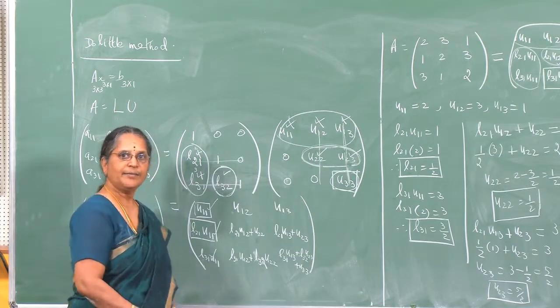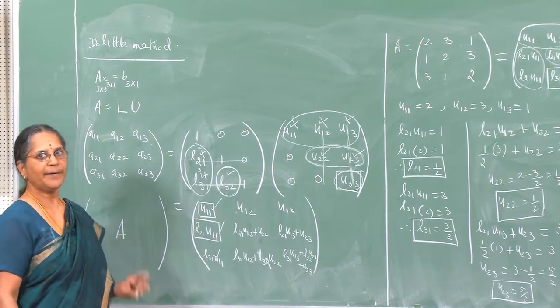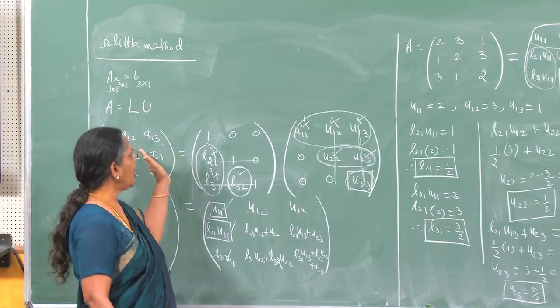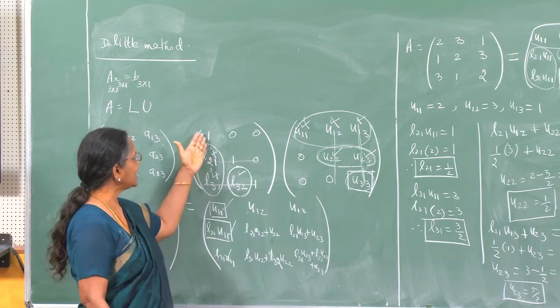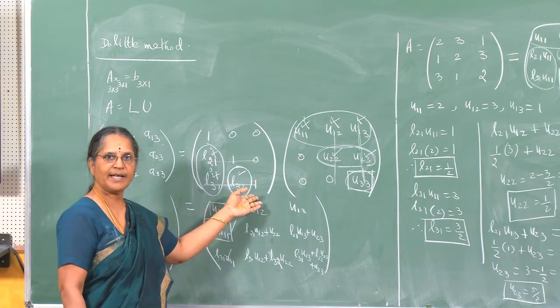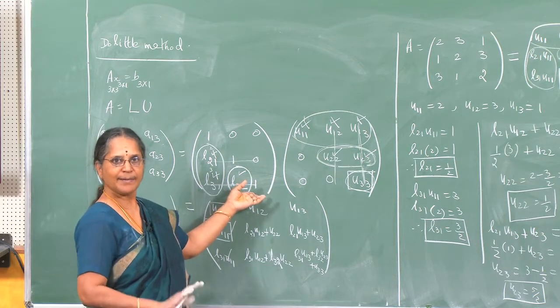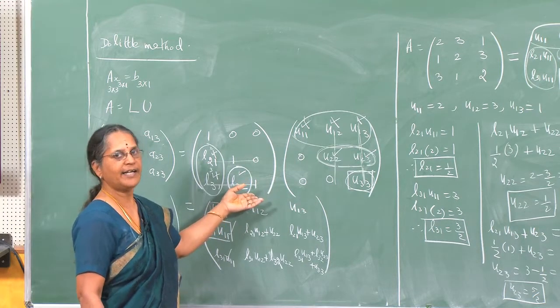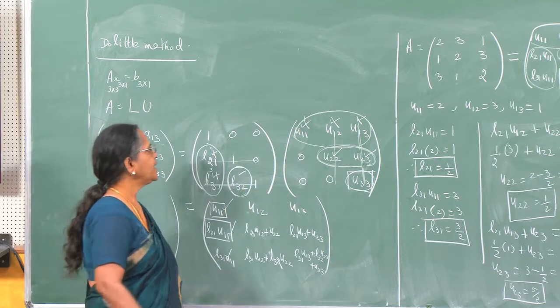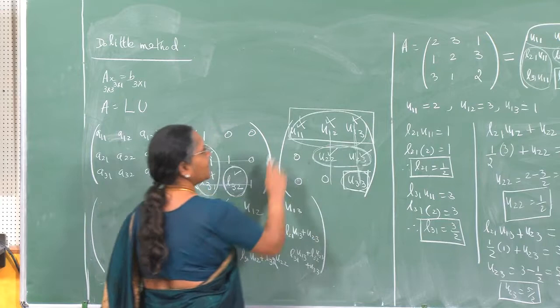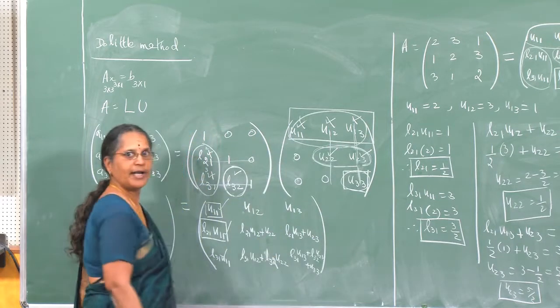I hope the procedure is clear. When you apply Doolittle method and decompose A in the form L into U with L as a unit lower triangular matrix, then follow these steps systematically to compute the entries in L and U. Start with computing entries on the first row of the upper triangular matrix, step 1.